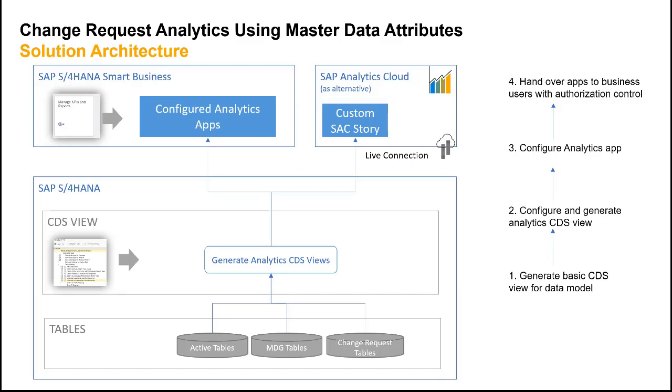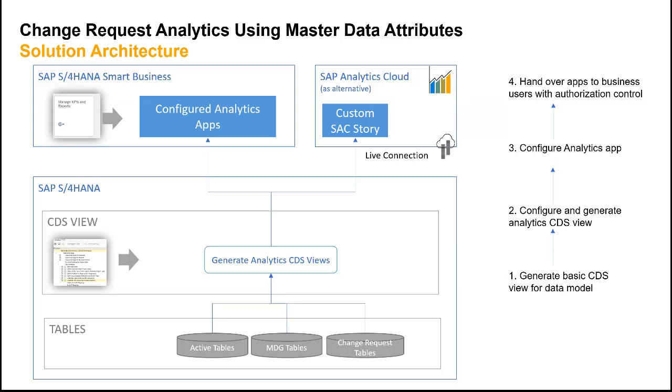Firstly, MDG uses the staging table or active table in the backend to store all your approval processes and data. Based on this data, you need to generate some CDS views. The first one is the basic CDS view, and the second is the analytics CDS view. I will also demo this functionality: how do you configure and generate such a CDS view?